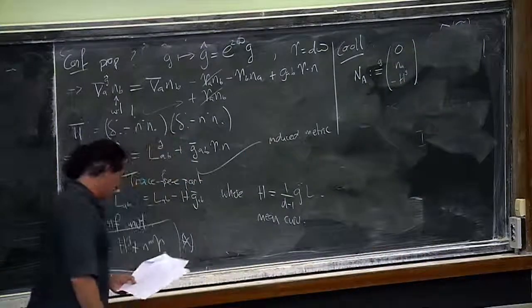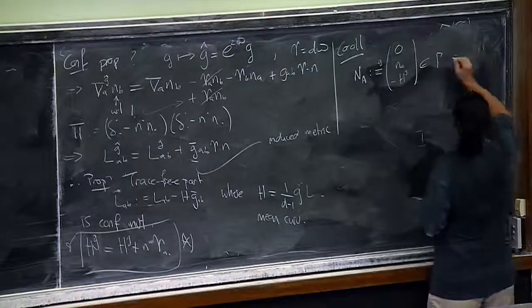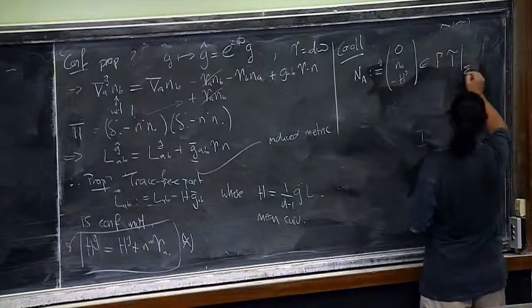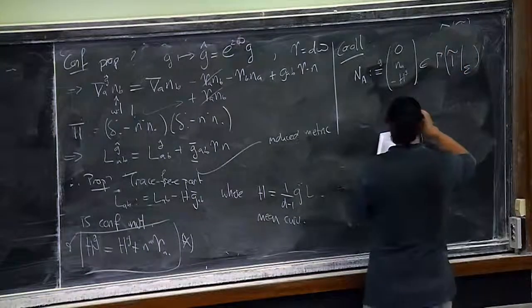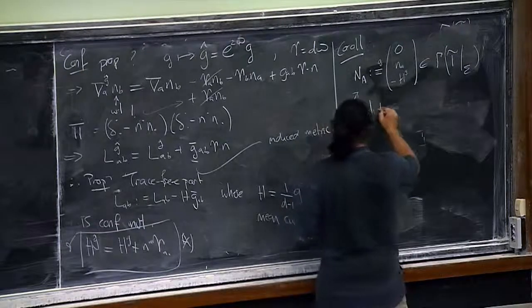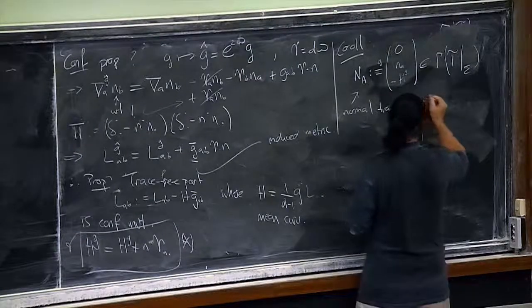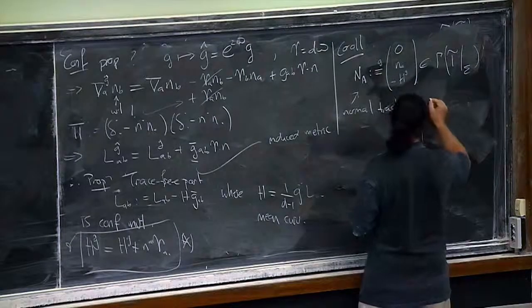This turns out to be conformally invariant. So this is a section of the standard tractor bundle along sigma. And I'm going to call this the normal tractor. So the corollary is that this is conformally invariant.